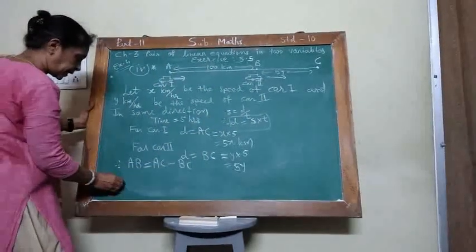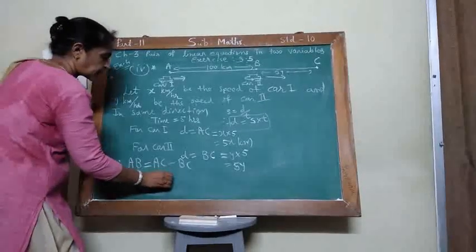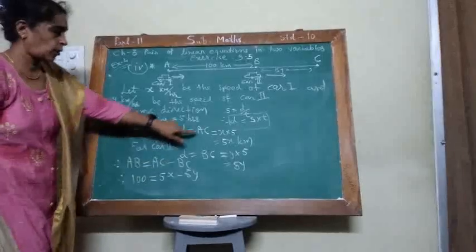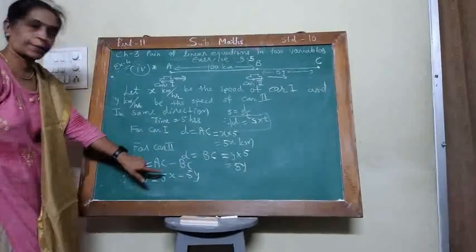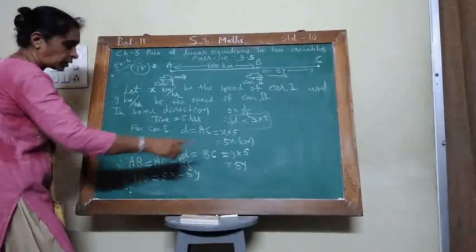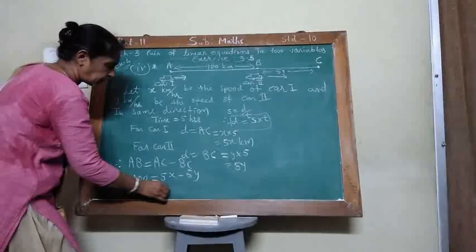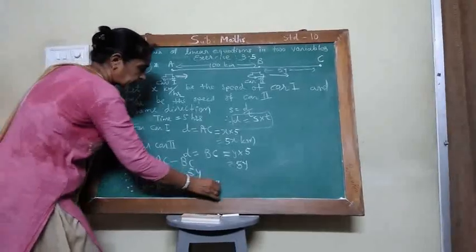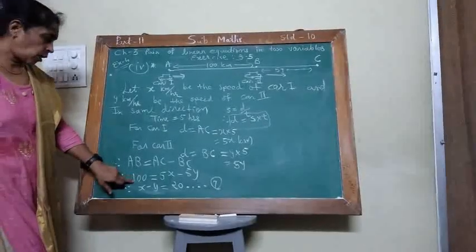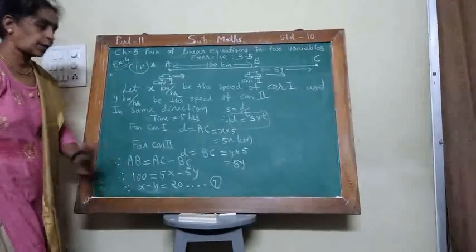Substituting the values of AC and BC, we get 100 is equal to 5x minus 5y. If you divide all the terms by 5, then you get x minus y is equal to 20. This is equation number 1.